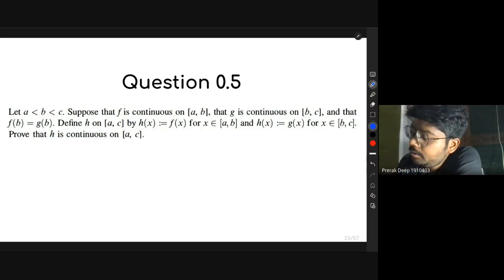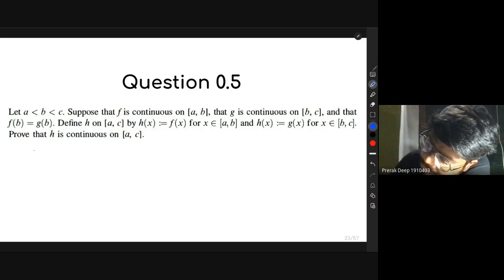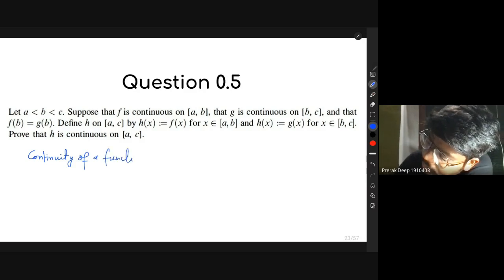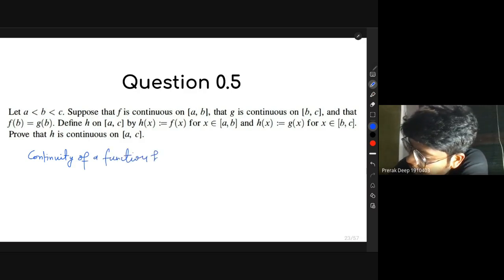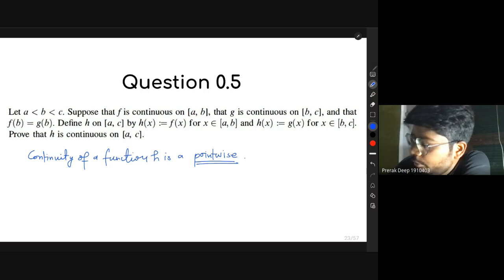Now we know that continuity of a function h is a pointwise phenomenon. What do we mean by that?